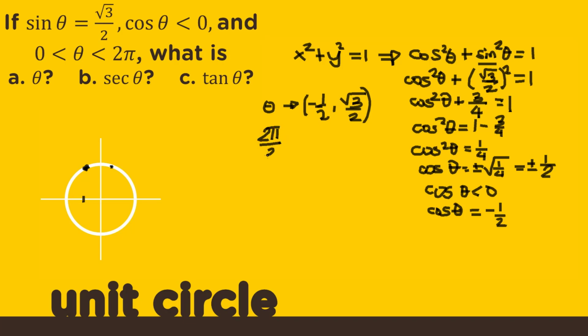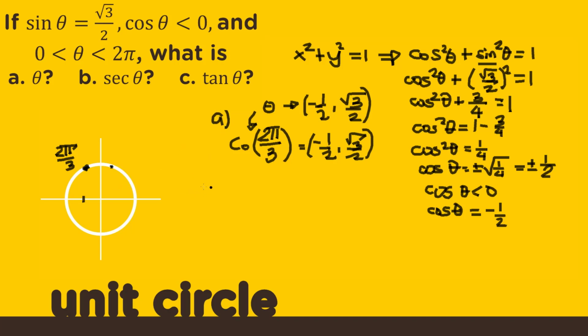That's the value of our theta, because the coordinates of 2 pi over 3 is equal to negative 1/2 and square root of 3 halves. We don't have other options as to that. Of course, we know that it's negative 1/2 and positive square root of 3 over 2. So we can have here 2 pi over 3. And this is our A. Already done with letter A now.